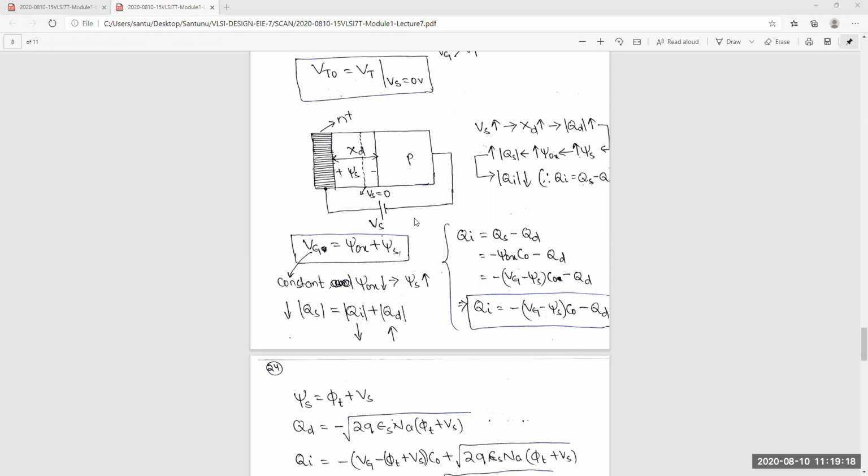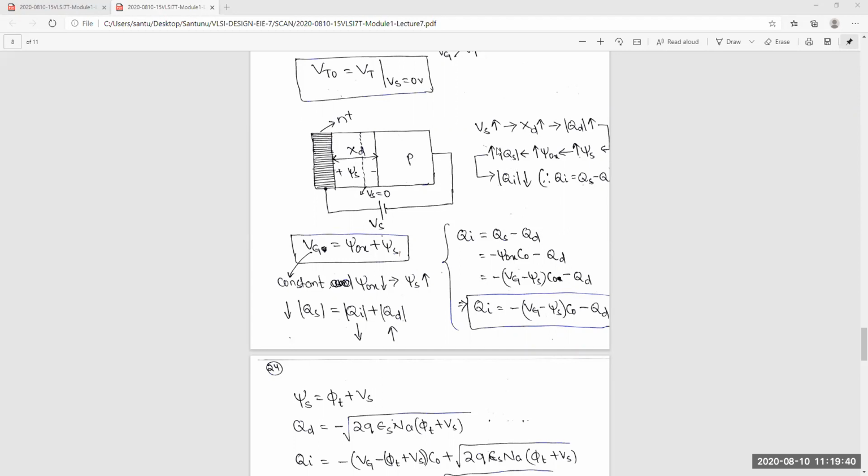It is very difficult to understand how the inversion charge finally decreases. So this is the loop: Vs increases, xd increases, qd increases, phi s increases, phi x decreases, then the surface charge qs increases.